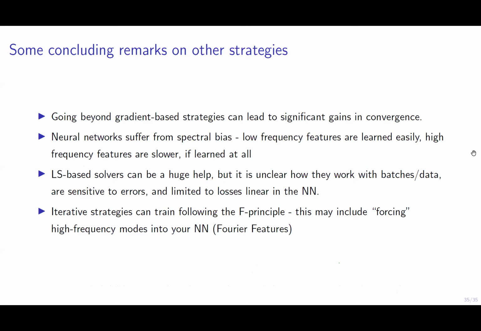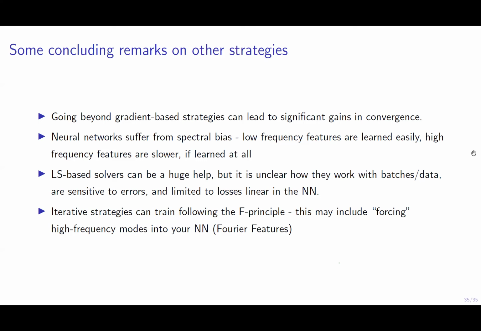So this second bit on the optimization strategy I wanted to cover goes beyond simple gradient-based strategies, where we say we have a horrifically nonlinear problem and I'll update my weights according to the gradient. If we think in different ways about how to optimize our neural network, this can make things much more accurate.